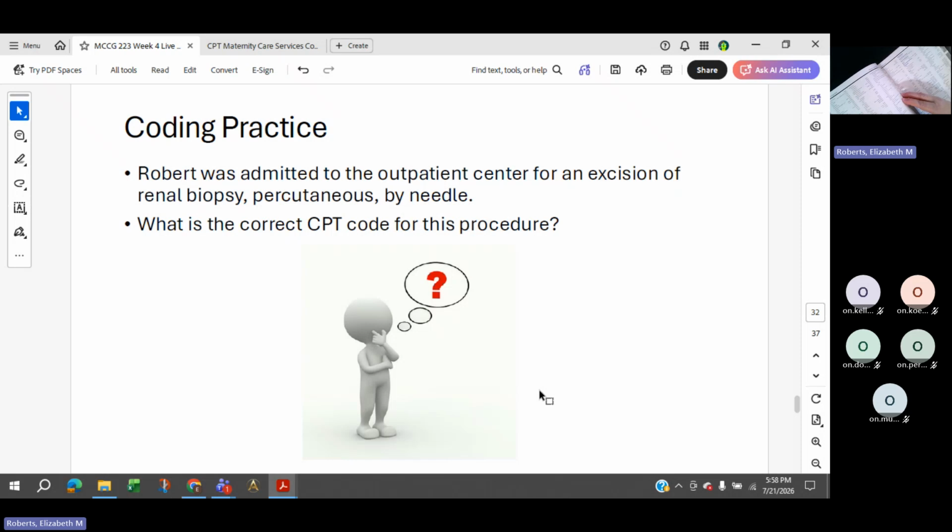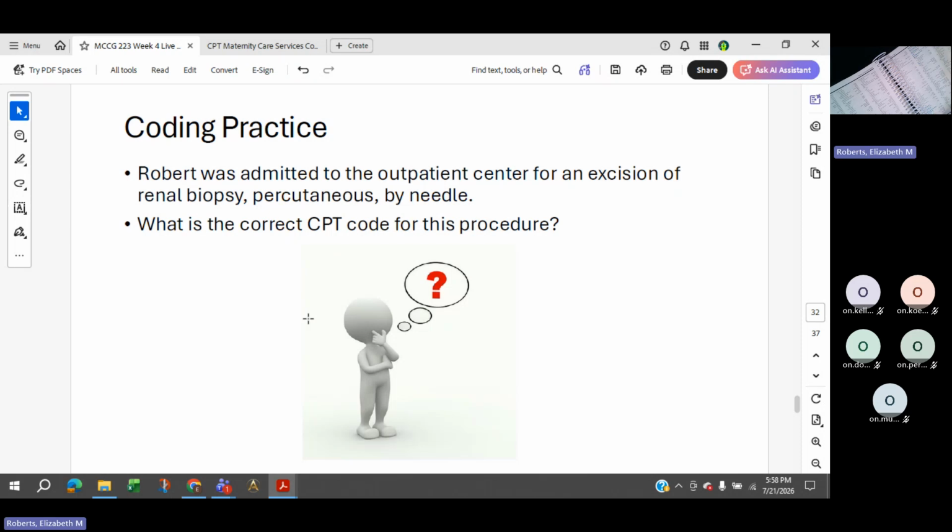All right, so let's see. I looked up excision, it's not in there. I looked up renal, that's where I am right now. Renal biopsy. So there's renal abscess, renal arteries, renal autotransplantation, renal calculus, renal cyst, dialyses, disease services, and renal transplantation. So it's telling us we're doing an excision of renal biopsy percutaneous by needle.